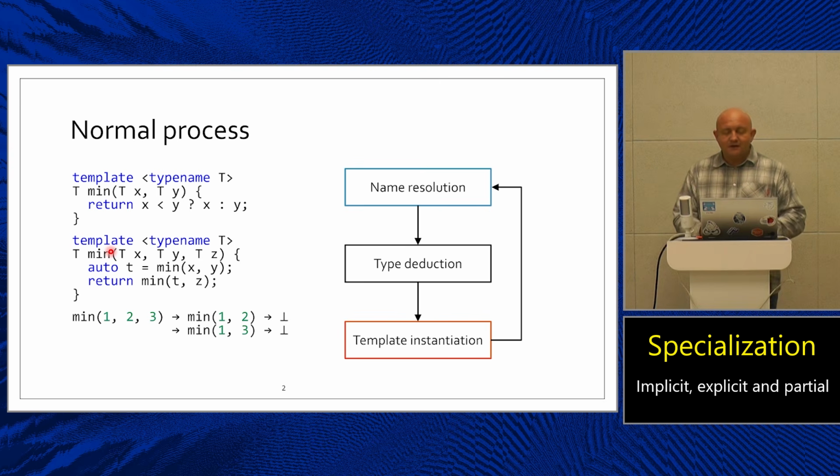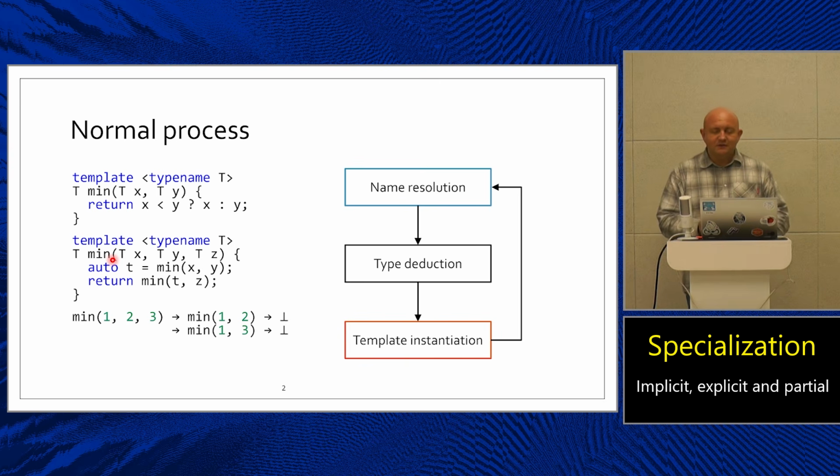And then next is type deduction, which encompasses both deducing the types and performing type substitution. Here we deduced int and then substituted int here. And finally, we arrive at the core of the process, template instantiation.